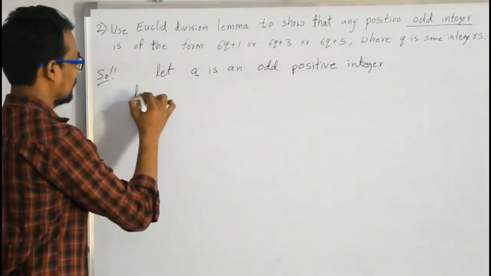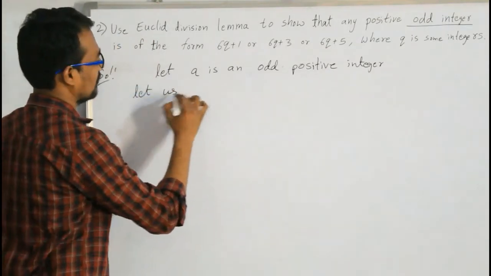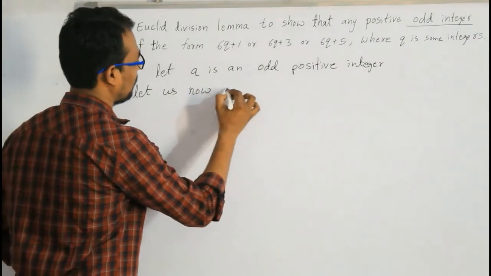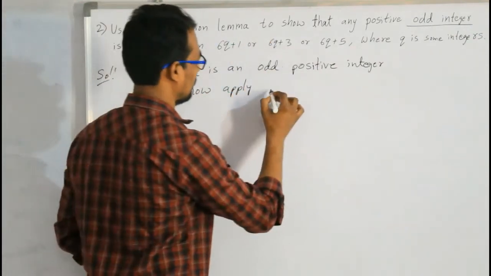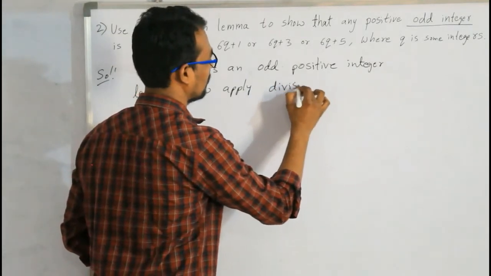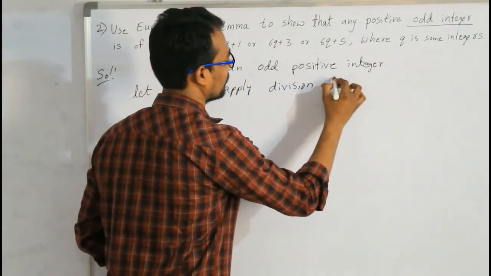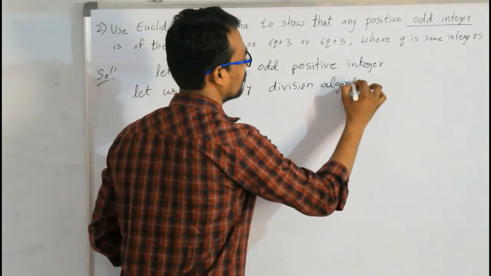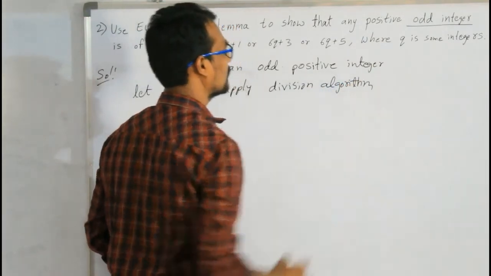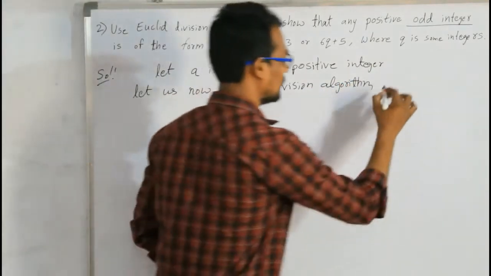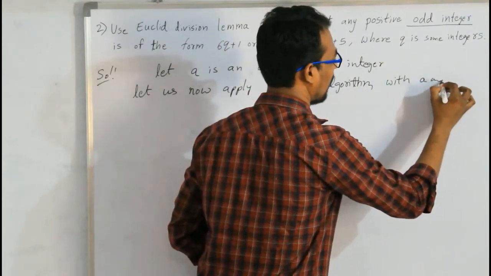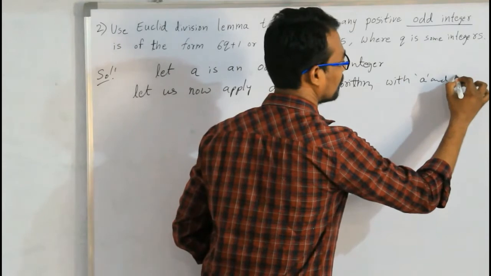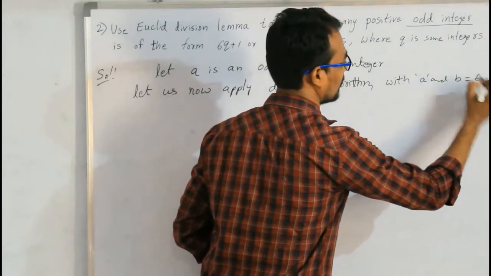Let us now apply the division algorithm with a and b. So b equals 6 here.